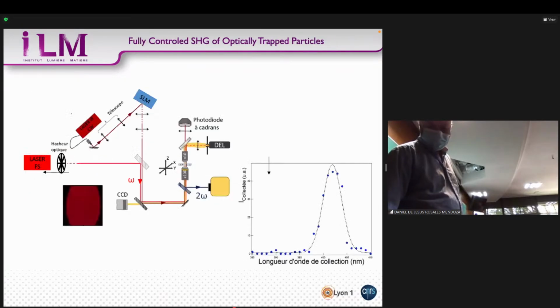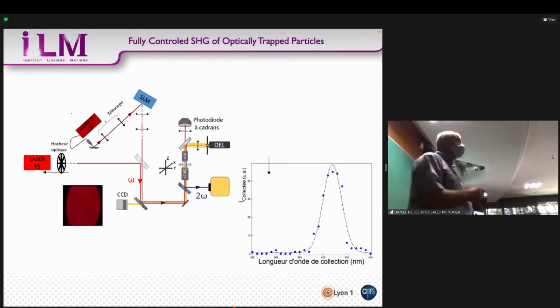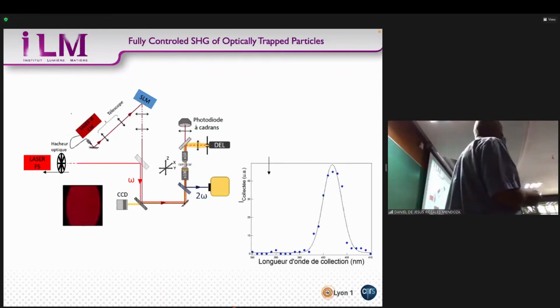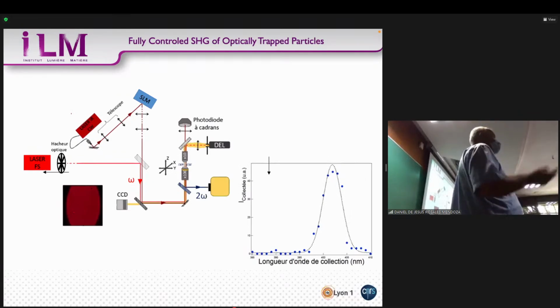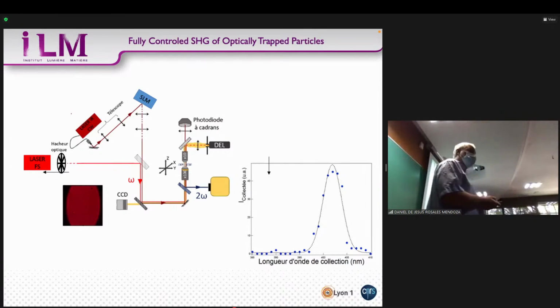But then we decided that, okay, that's good, but that's not enough because the particle is trapped. I send my beam and I trap the particle, or I do not trap the particle. I do not control the trapping. What I want is to control the trapping. So I want to have the particle and decide when it's in the beam or out of the beam.